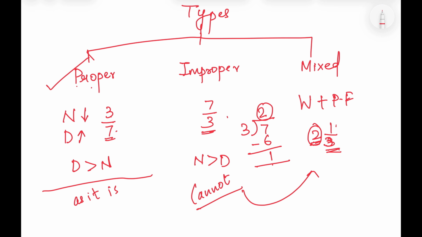I hope you're clear how to convert an improper fraction into a mixed fraction. Basically just divide. You will get a quotient and a remainder. Quotient is a whole number, so we keep it as a whole, and the remainder is a left out piece, so we keep it in the numerator. This is how we convert an improper fraction into a mixed fraction.